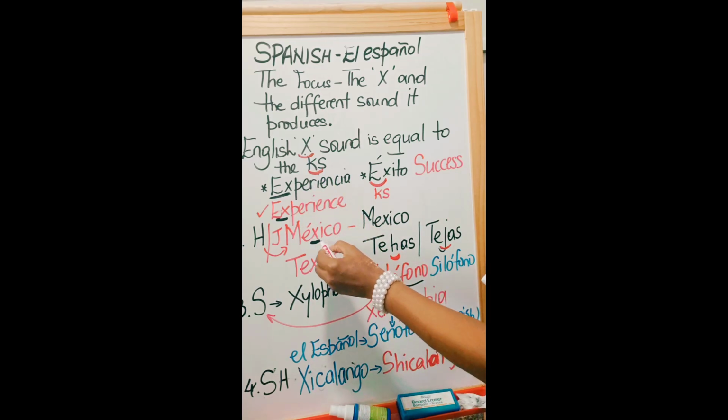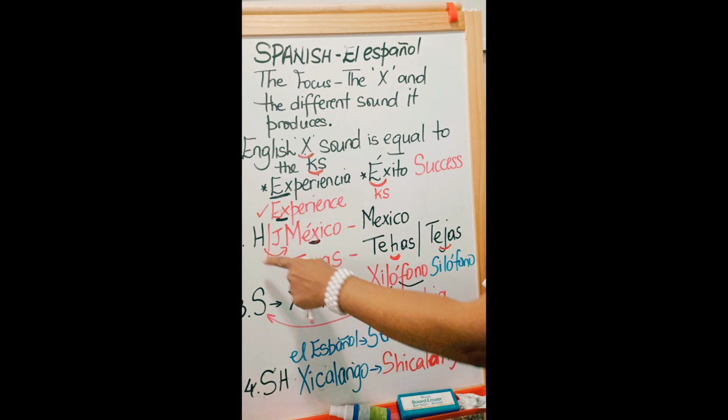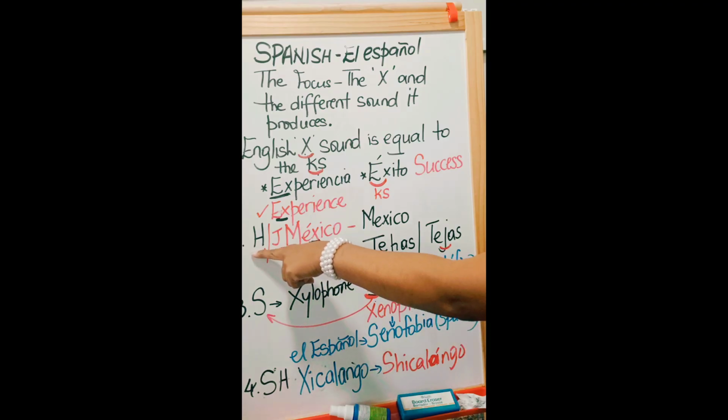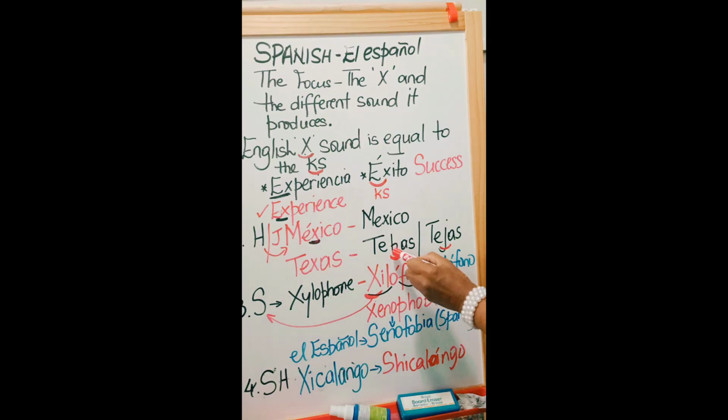So the X, you would substitute with the H or the J. Texas, the second word, you substitute the X with the H or the J, and you would get Texas, in Español, of course.